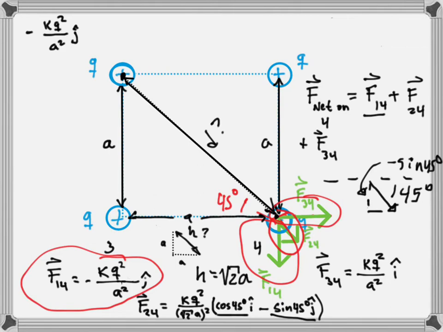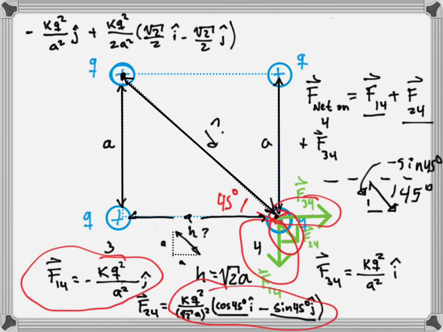So the first vector, F14, I'm going to write it up there again on top of the screen: minus kq squared divided by a squared times j hat. The second vector, the F24, we have it as kq squared over, notice that the square root of 2 squared becomes 2, and then in the denominator a squared, and then multiply by cosine of 45.